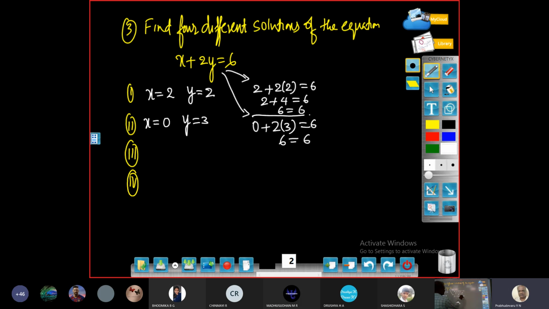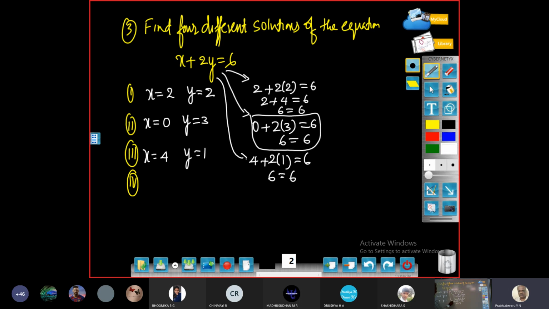Then x is equal to 4, y is equal to 1. Substitute this value: x value 4 plus 2 into 1 is equal to 6. Yes, this is another solution. Next.